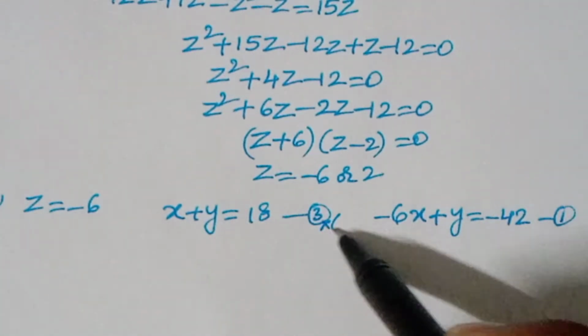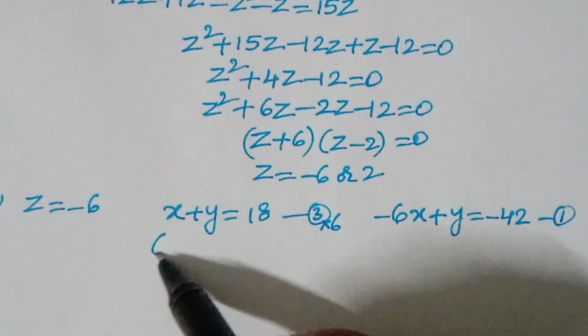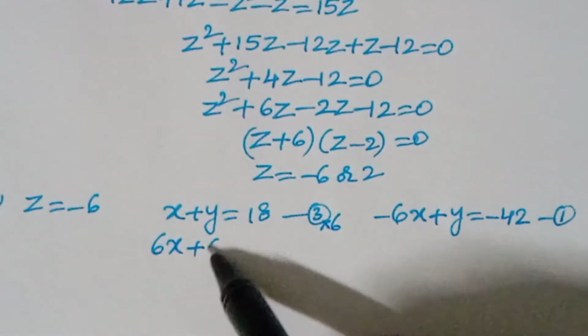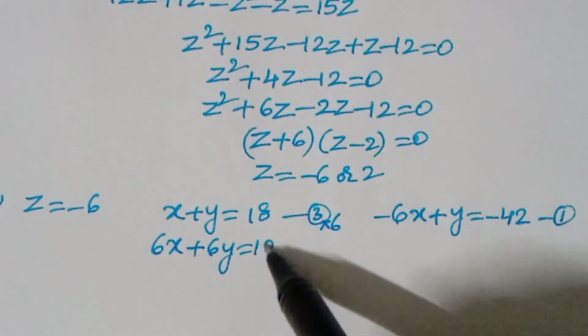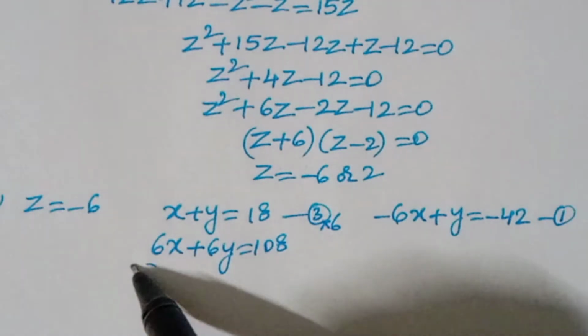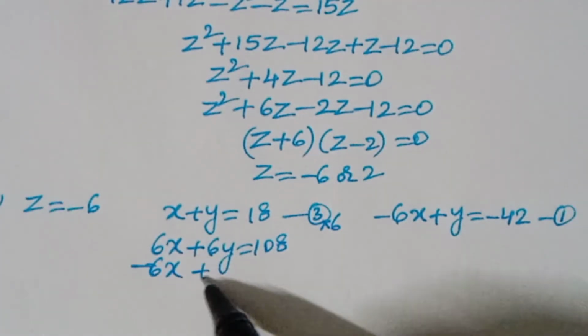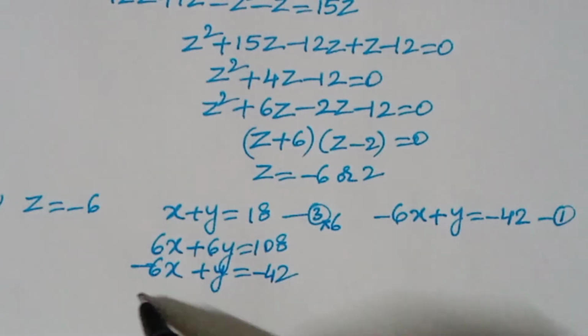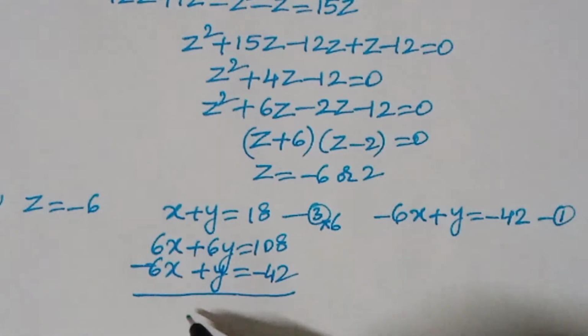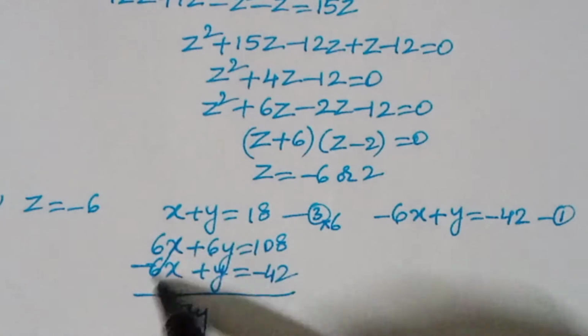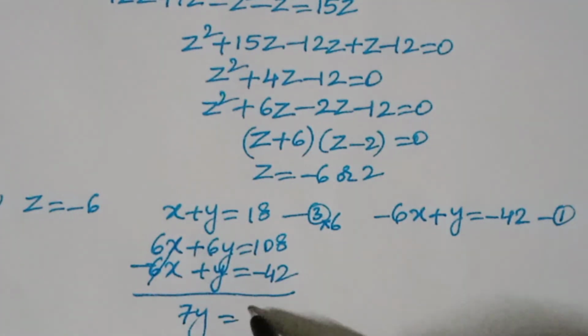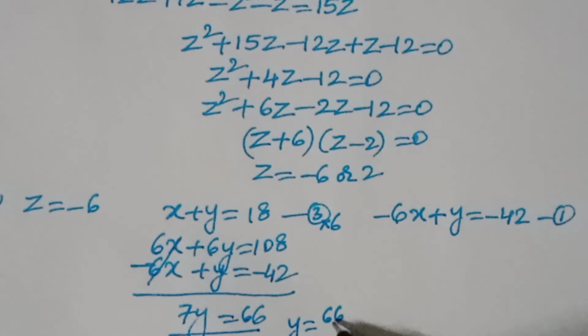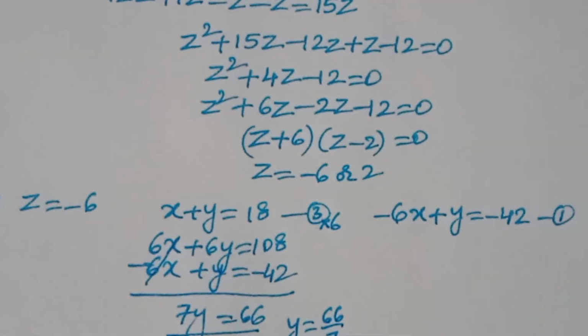Now multiply this with 6. What will we get? 6x plus 6y is equal to 108 and minus 6x plus y is equal to minus 42. Now if you solve this, 6x cancels, 7y is equal to 66. So y value is 66 by 7.